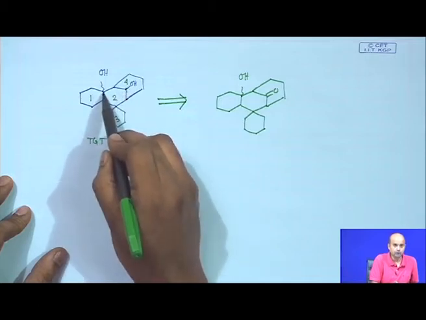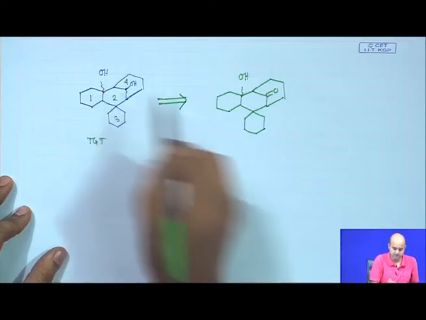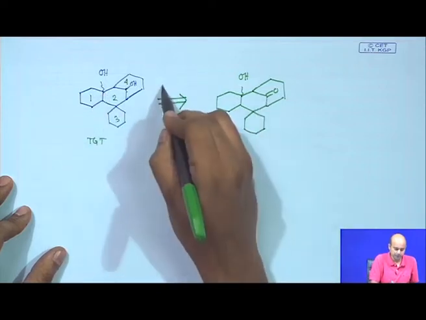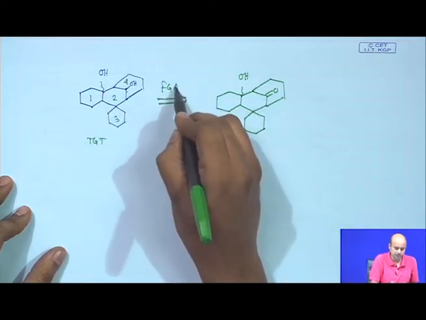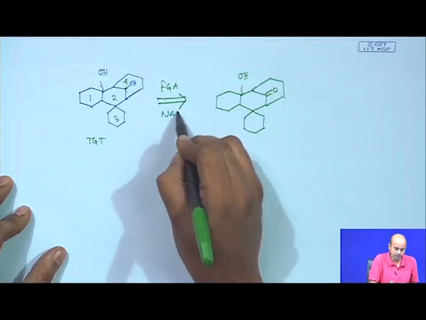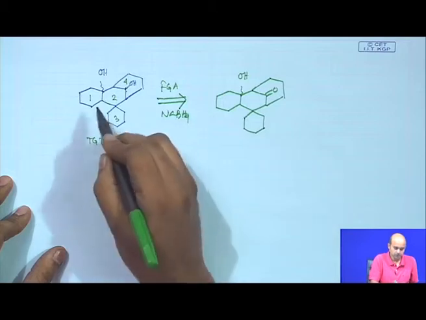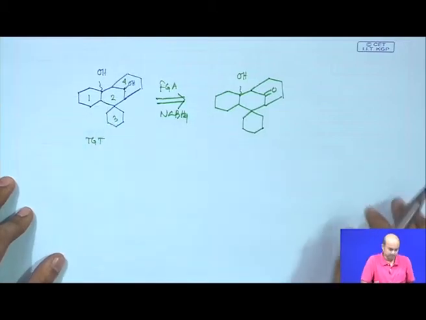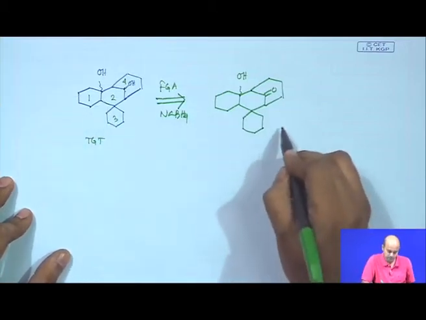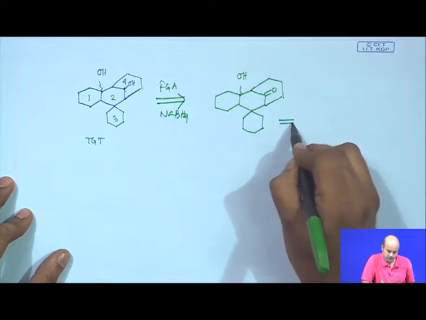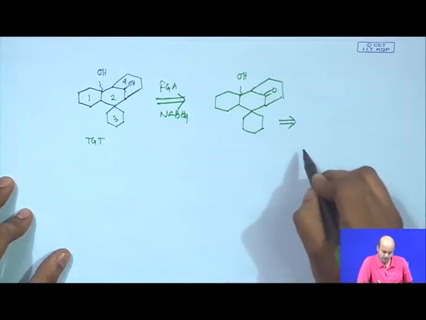So, tertiary hydroxy cannot be done by hydride reduction, only secondary hydroxy. This is basically functional group addition. If you have a sodium borohydride kind of reducing agent, you put this ketone, you come to here. Okay.